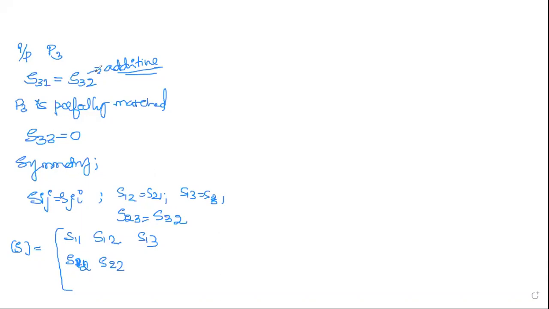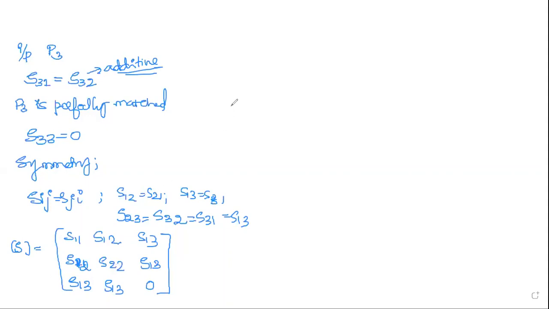We know S32 is also equal to S31, so I can write this as S31, which is again equal to S13. So instead of S23, I can write directly S13. This is S31, again I can write it as S13. This particular term is S32. We know this is also equal to S31, which is also equal to S13. So this will be S13. The last term will be 0. So this will be the S matrix for your H-plane T.